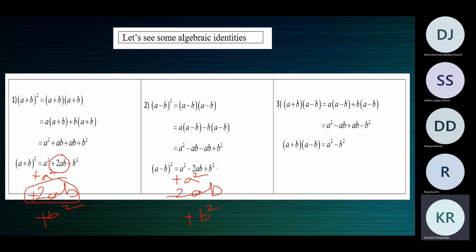But if you write it as A square plus B square plus 2AB, then the middle term is B square. If you write it like this in this order, 2AB is the middle term. So when you write 2AB in the middle, we normally say that the middle term will take plus or minus sign. Accordingly, in A plus B the whole square, it will be plus 2AB. In A minus B the whole square, it will be minus 2AB. Correct? Otherwise, it is A square plus B square in both.